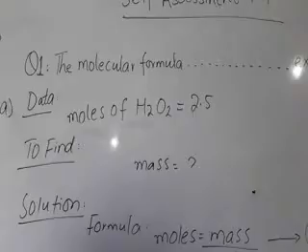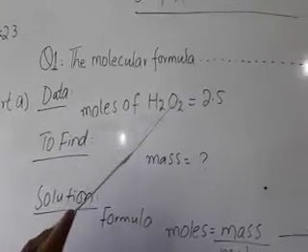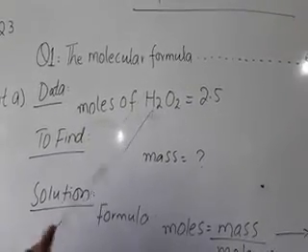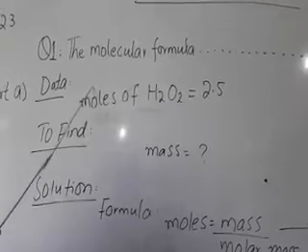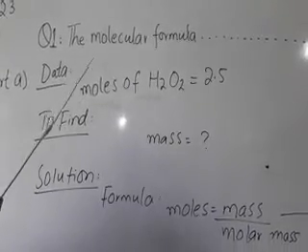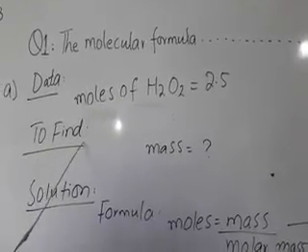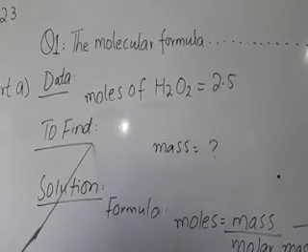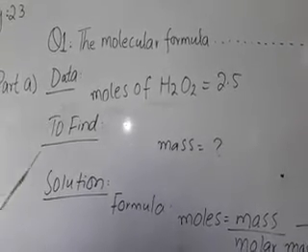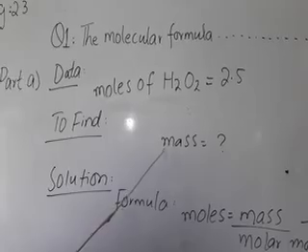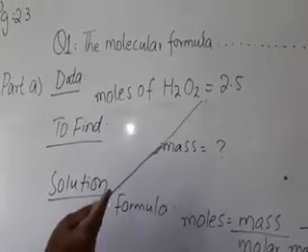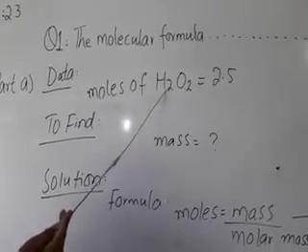So, for part A, just the number of moles is given. After writing the given information, you have to look into the question, what is being asked, what you are asked to calculate. So that is to find. So you are asked to find the mass of 2.5 moles of hydrogen peroxide.